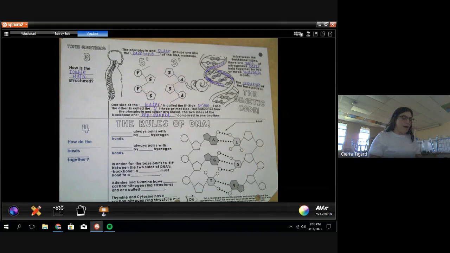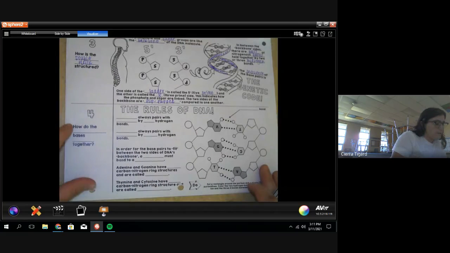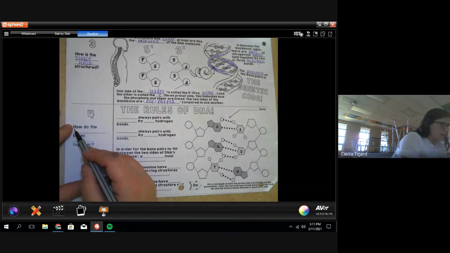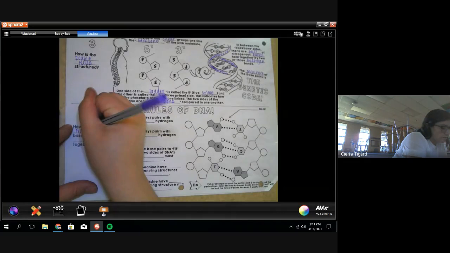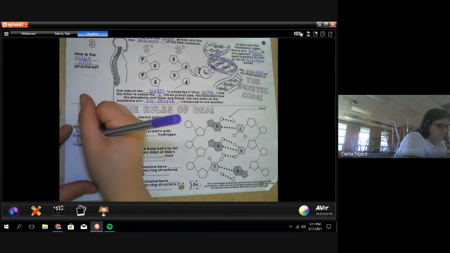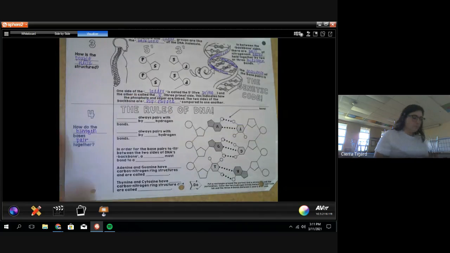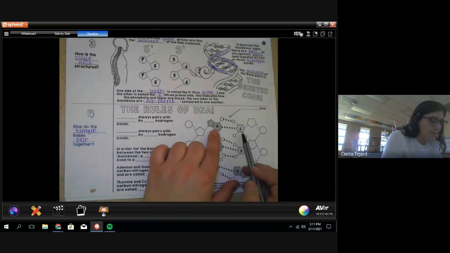Now we have our fourth topic question, and we are going to be talking about how the nitrogen bases pair together. These are going to be the most important things that you learn, which is that we have our adenine and our thymine, and they always pair together.